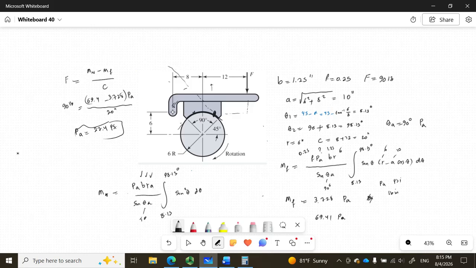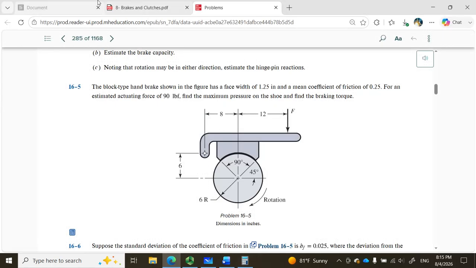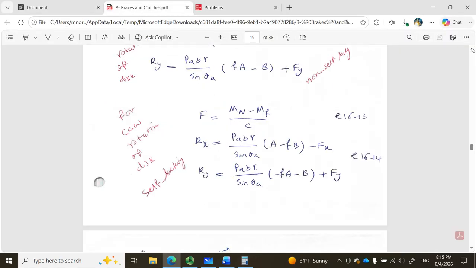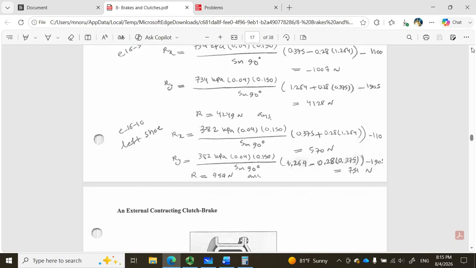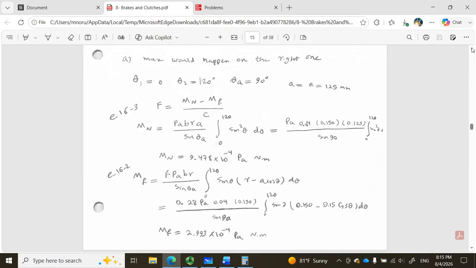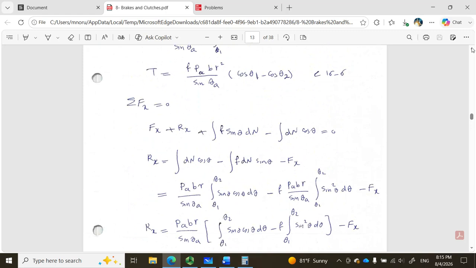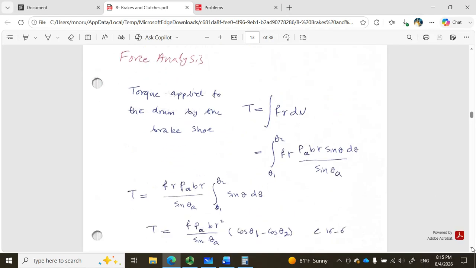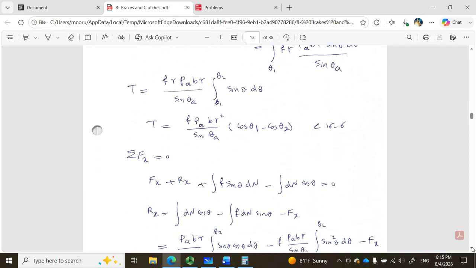So that torque, braking torque, we have to evaluate this integral of f r dN from theta 1 to theta 2. So we had a formula, 16.6, for that. So that's going to be valid here too. Let me go up. I have 16.6 here. Okay, this guy. So now that I have the PA, I can evaluate this torque.